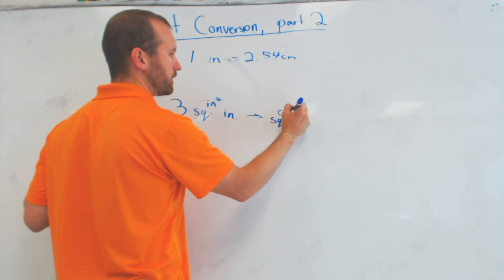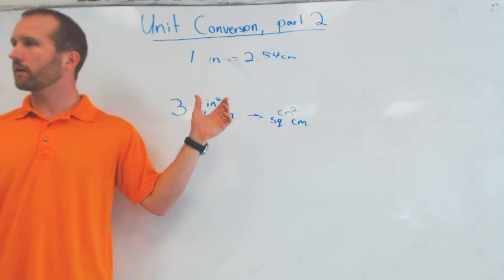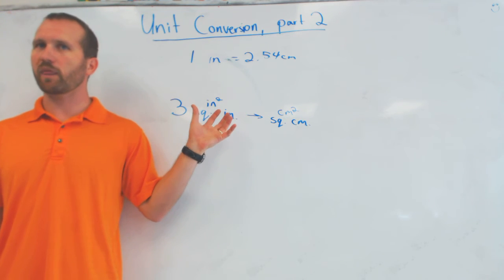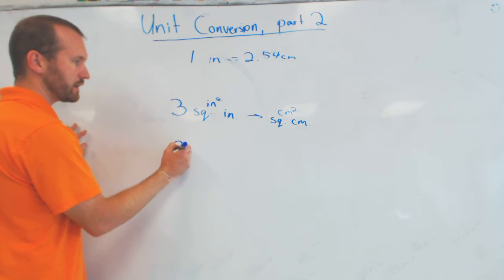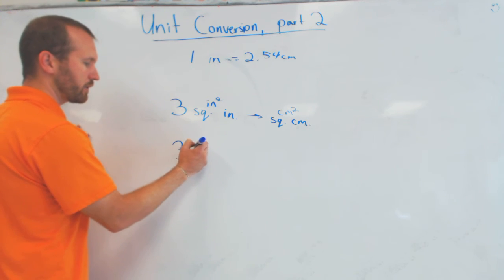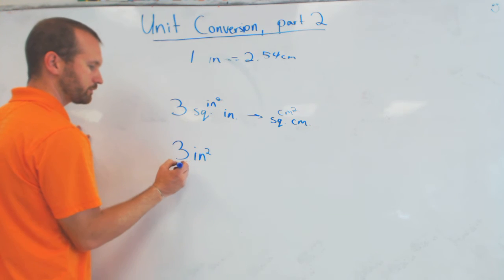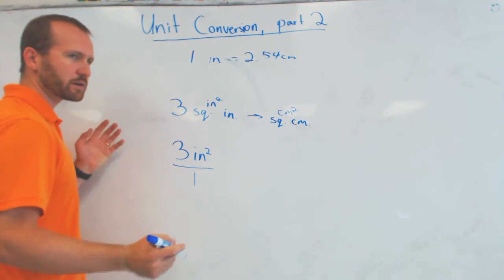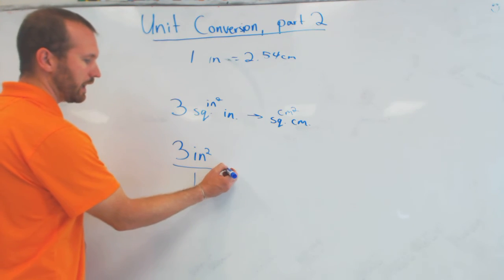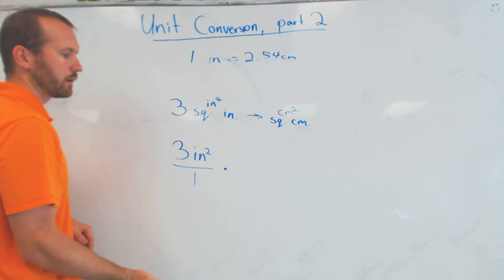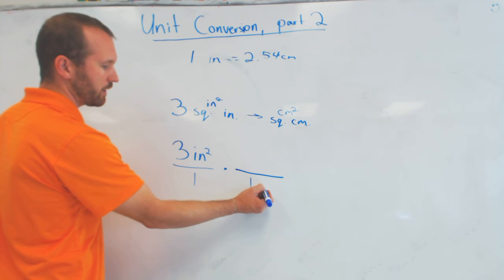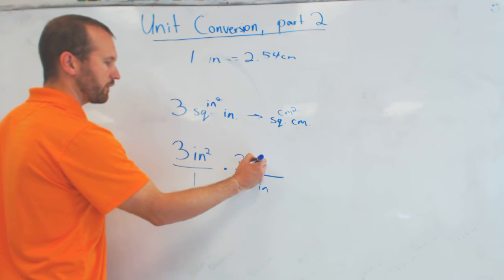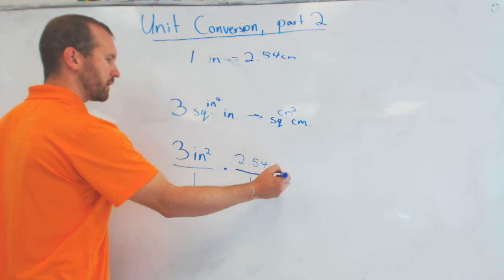So either way that you see it, it doesn't really matter. It's the same thing. Okay? So this is the same process. I take my unit here, 3 inches squared. Let's make it into a fraction. Just say over 1. Times, I want inches in the bottom, so I say 1 inch is 2.54 centimeters.